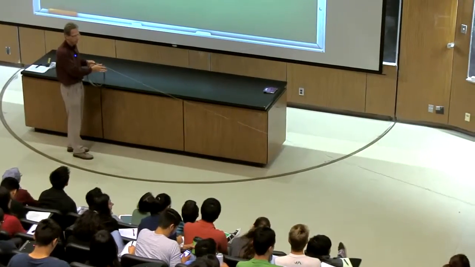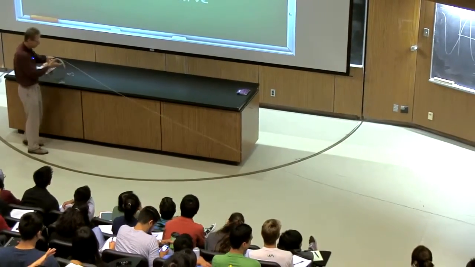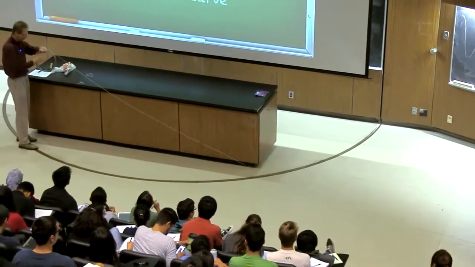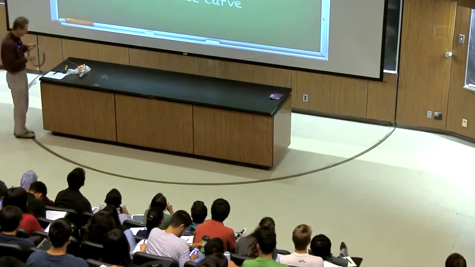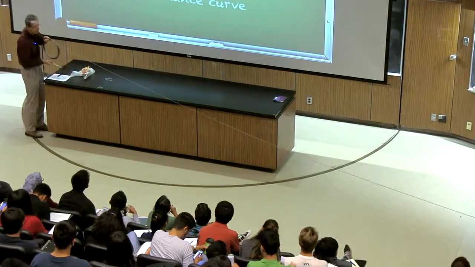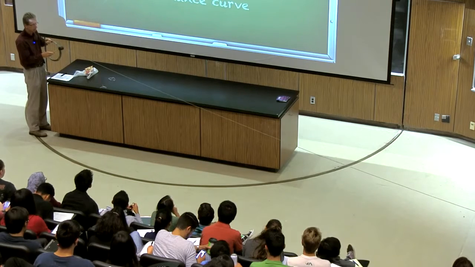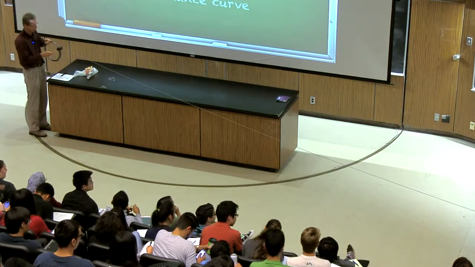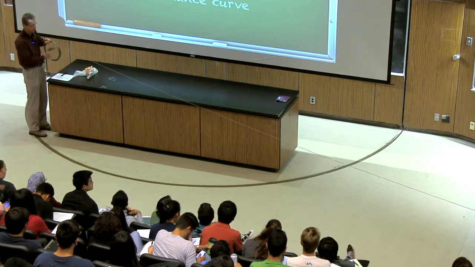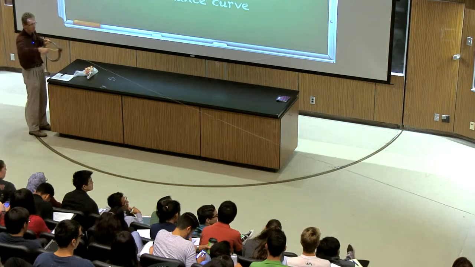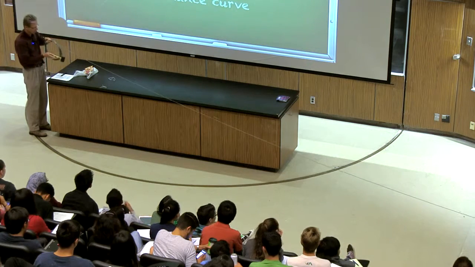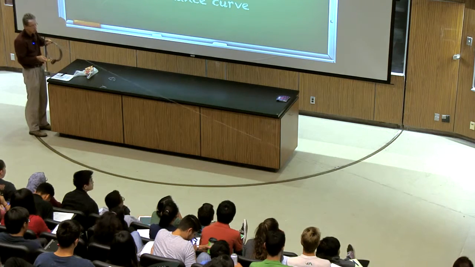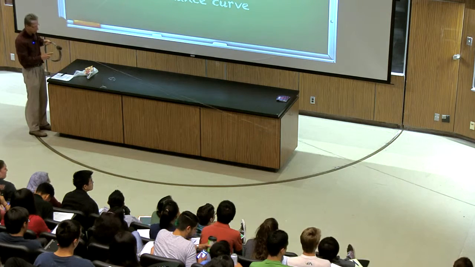So if I have a taut wire like this, then wave propagation on that wire is possible. Let me wait until it's quieting down a little bit. And you can see a pulse traveling back and forth and getting reflected at the ends.